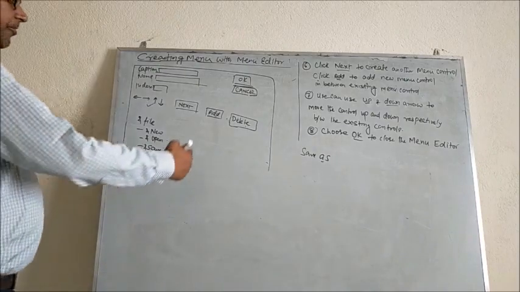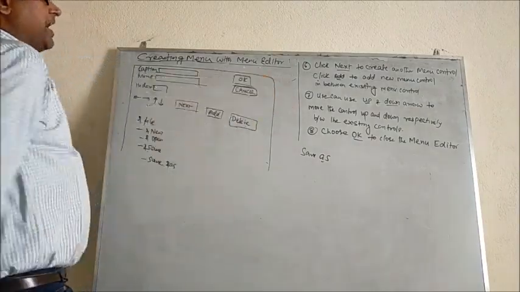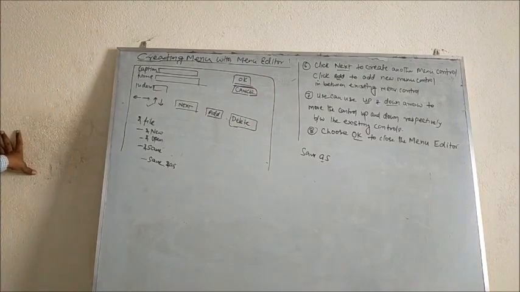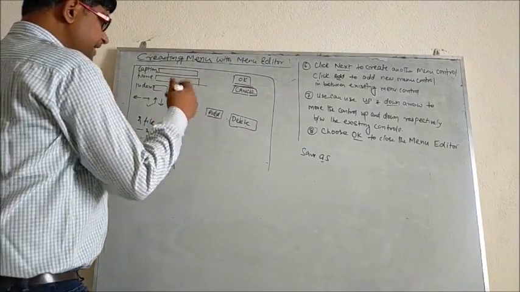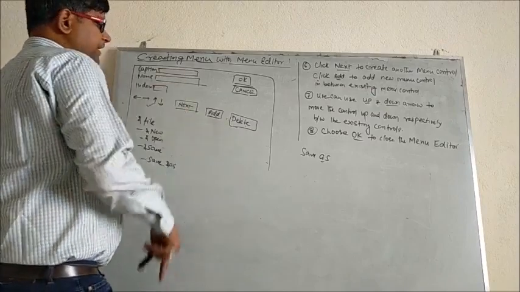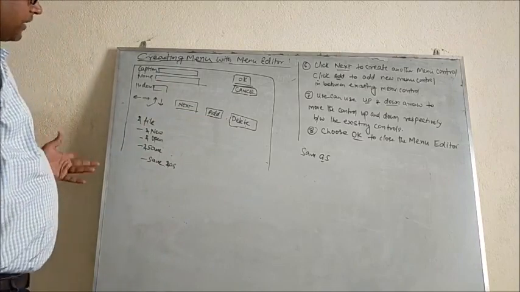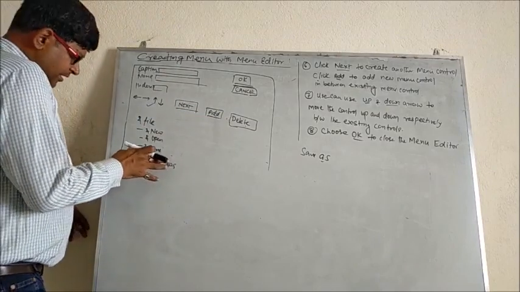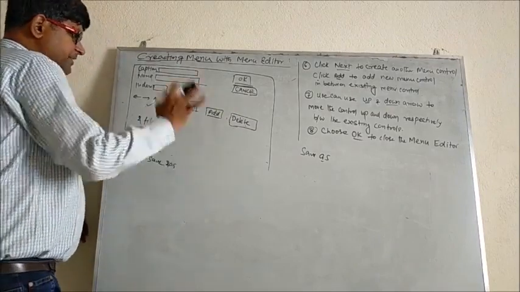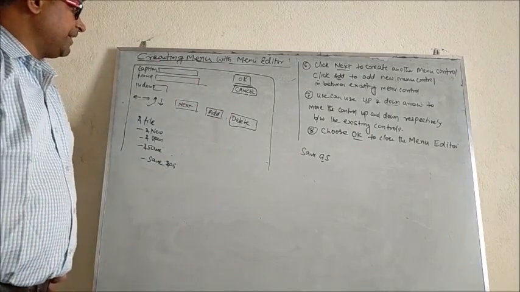I have already told you about Add. If you want to add a new menu control, you can add it with the help of the Add button, right? And similarly, if you want to delete something unnecessary, you can choose that one and press the Delete key. It will also be deleted, right?